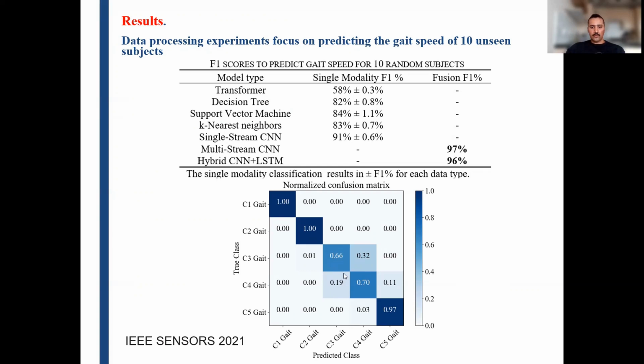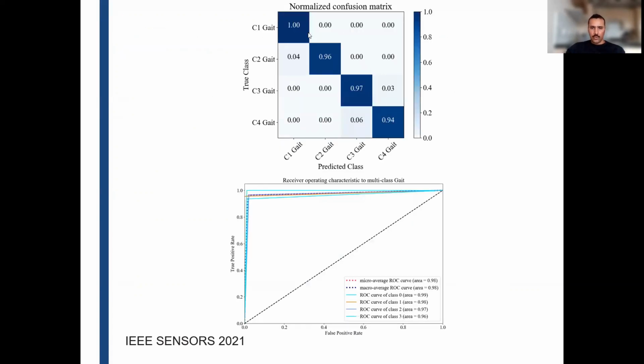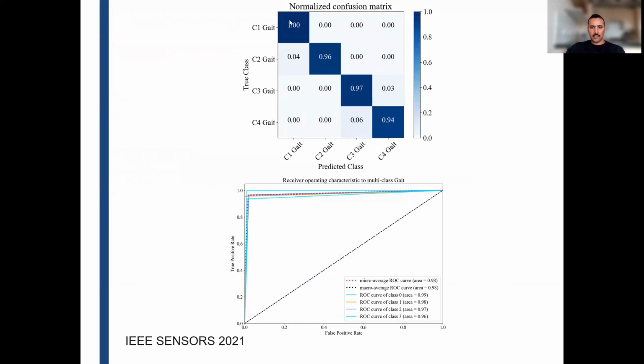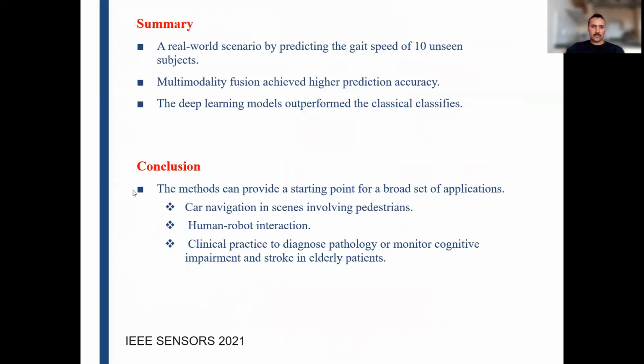So what we did, we combined these 2 classes into 1 class. So we only had 4 gait speeds. As can be seen, we achieved a really high result with the convolutional neural network, and it can be seen from the receiver operating characteristic for the multi-class classification, with the false positive rate compared to the true positive rate.